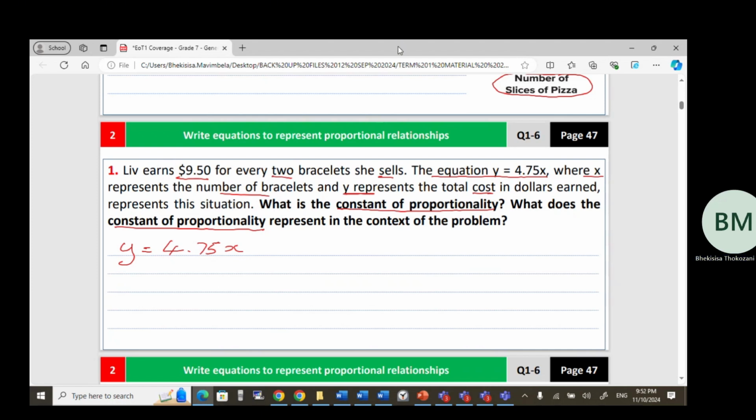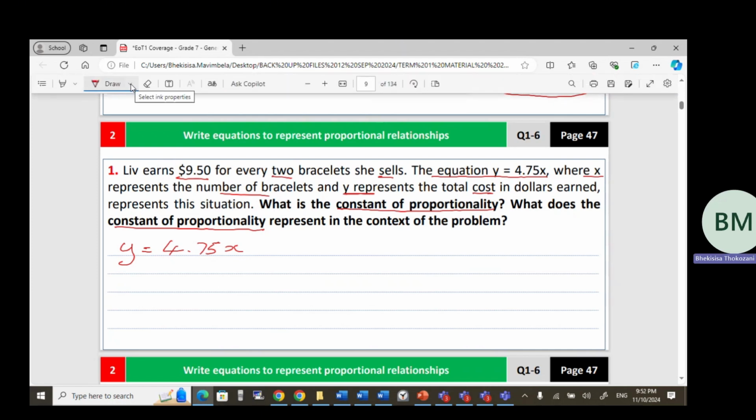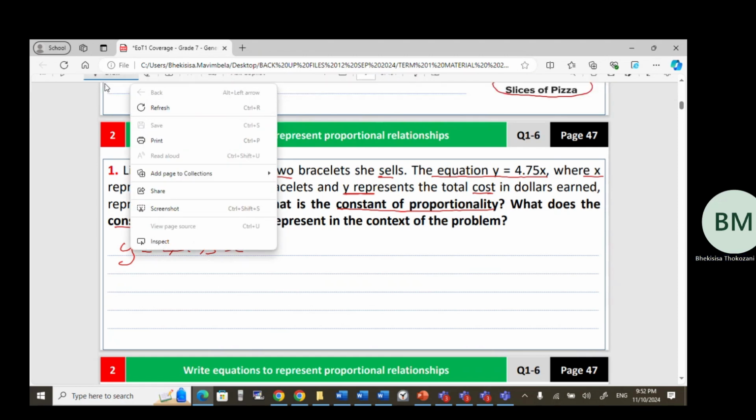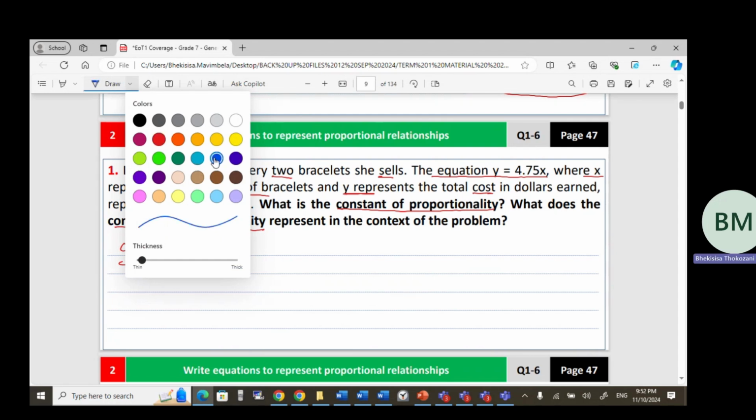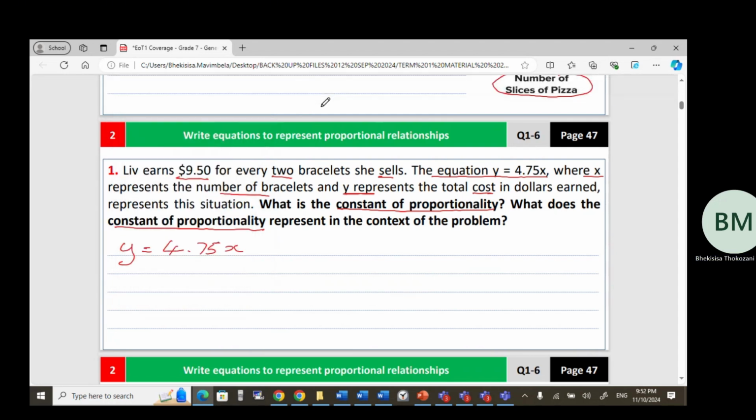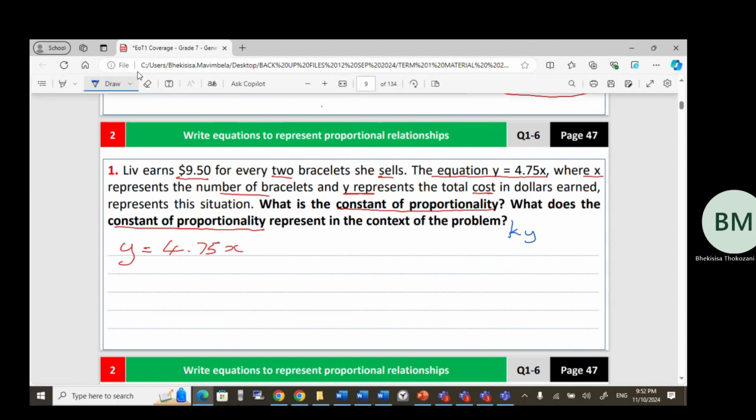And on your equation, remember we spoke about k before. k is your constant of proportionality. k is equal to y over x.